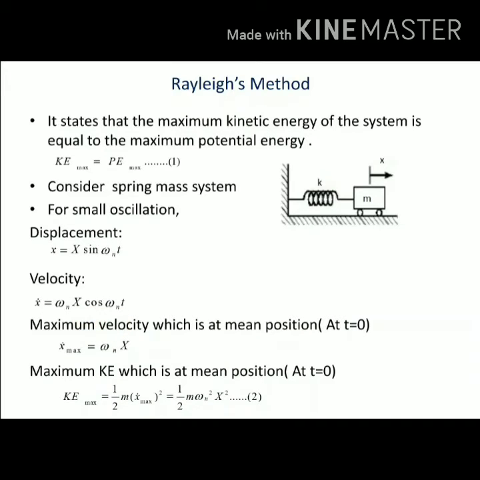So maximum velocity, which is at mean position at t is equal to 0, we can write x dot max is equal to omega n X. So maximum kinetic energy, which is at mean position, we can write K max is equal to half m x dot max square, put the values of x dot max, omega n X. So we get half m omega n square into X square.